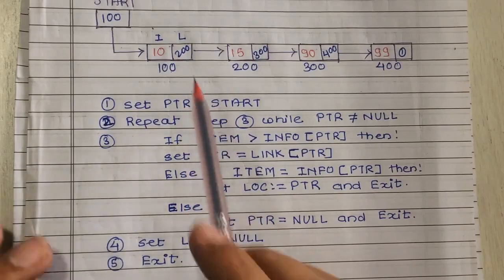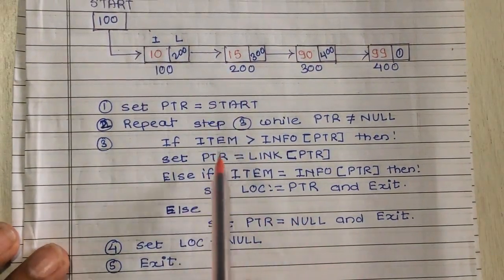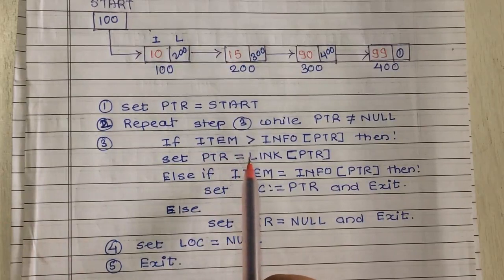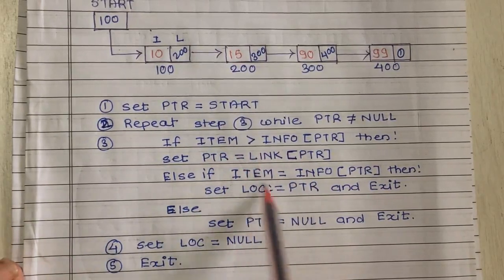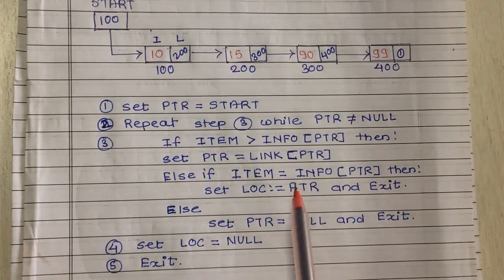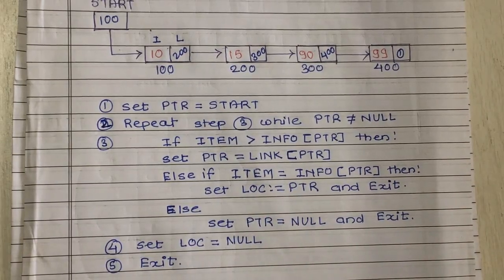Then start, which holds the address of the first node. Then we have item. Item is the variable whose location we have to search. Then we have one more variable, LOC. It is the variable where the location of the element will be stored. These are the terms we have used here.